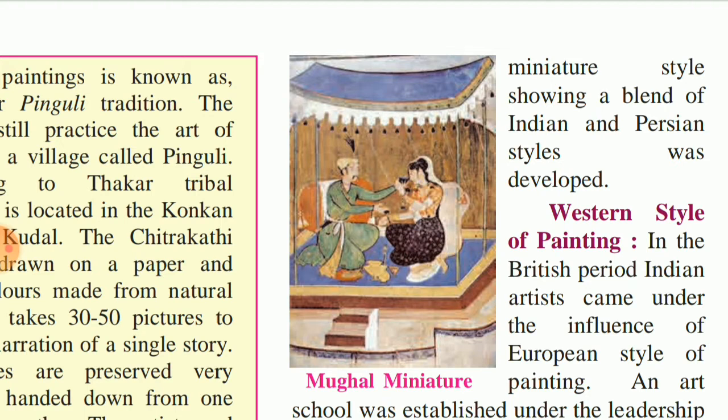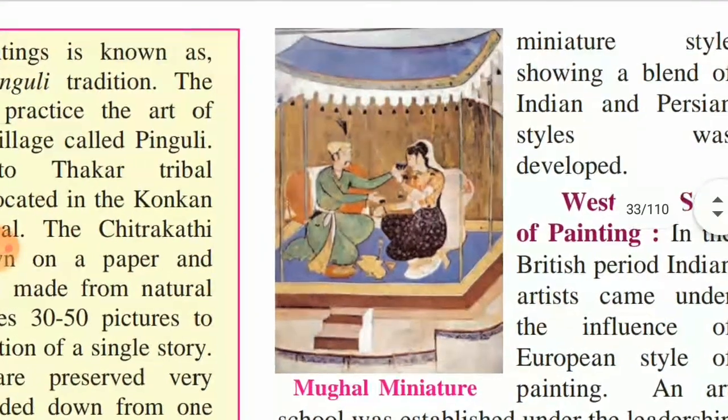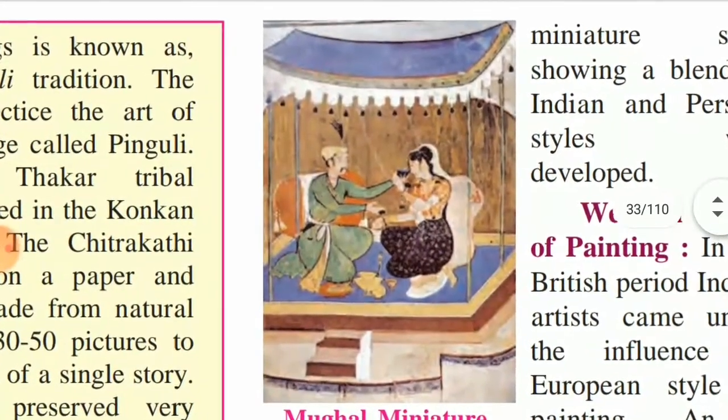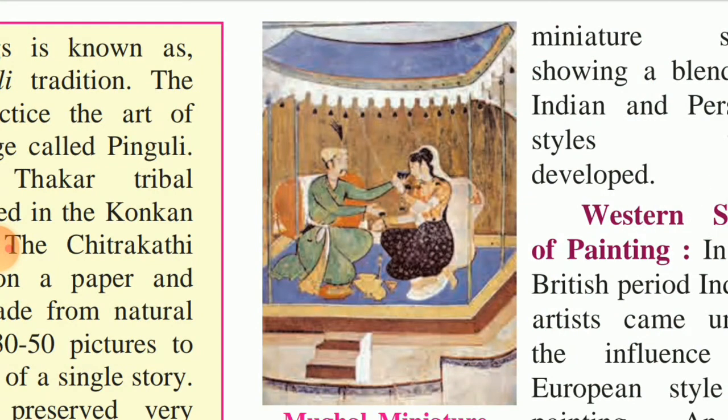You can see here a Mughal miniature, one of the paintings which is so very beautiful. What we can see in this is a raised platform. We can see the steps that have to be climbed up.